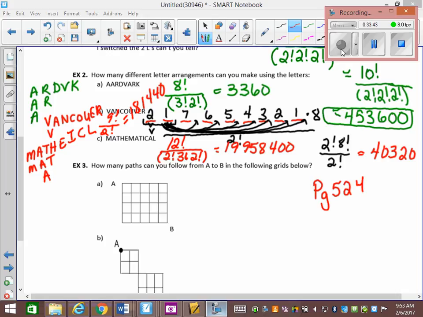So number 5, B, D, F. Number 10, you can do B and C now. 11.